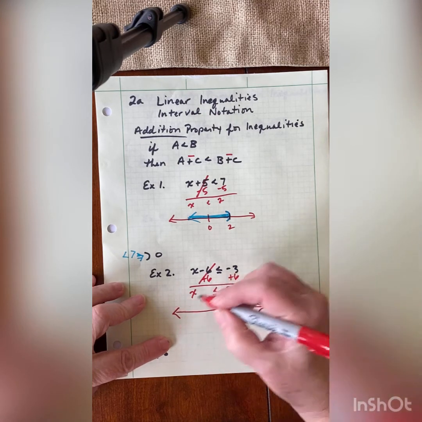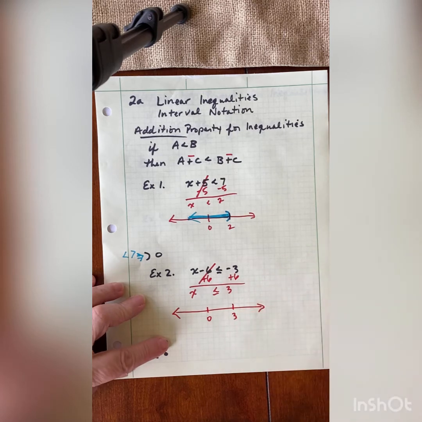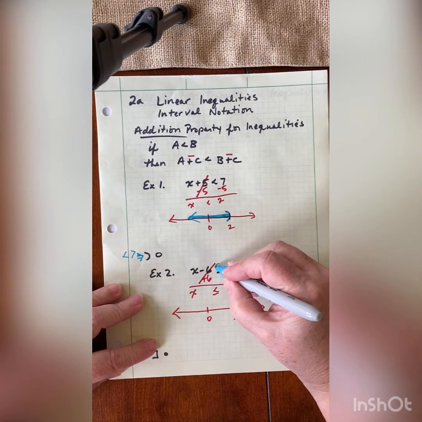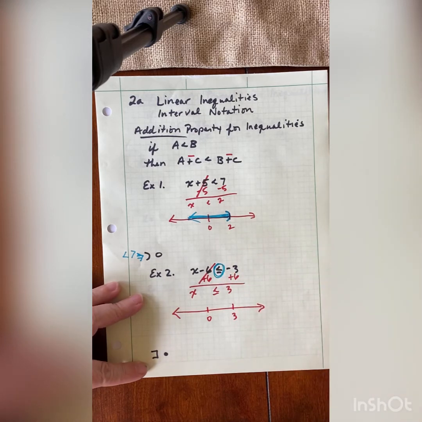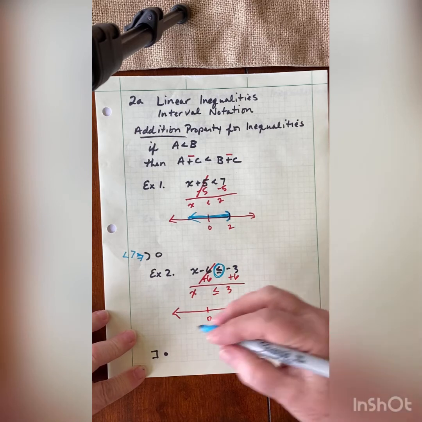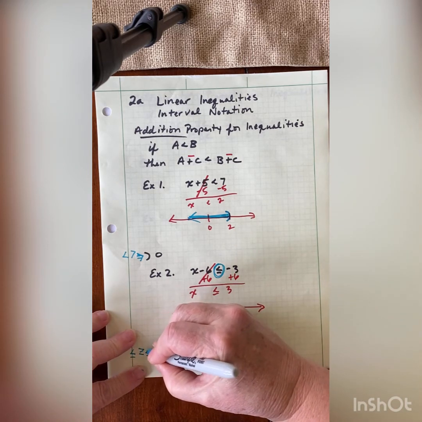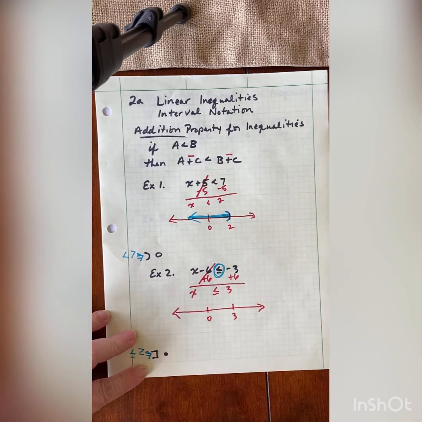Let's see what happens when we graph it. So I'm going to put a 0 here and a 3 here. Now, this particular problem I have a less than or equal to. And when you have a less than or equal to or a greater than or equal to, you use a bracket or a closed dot.